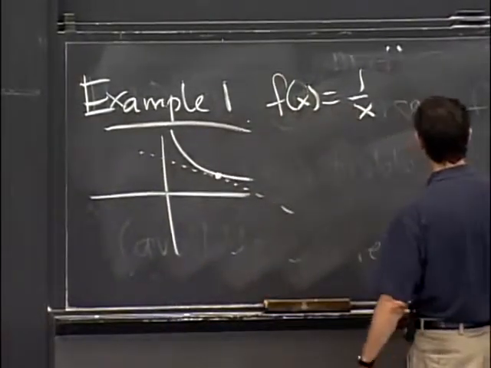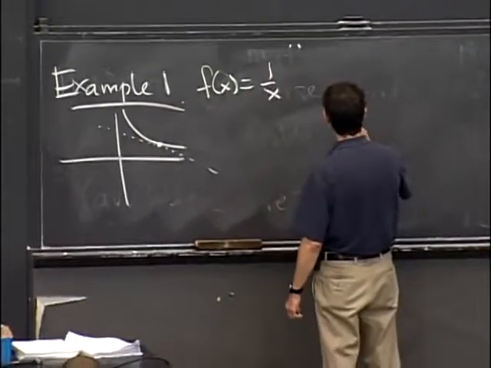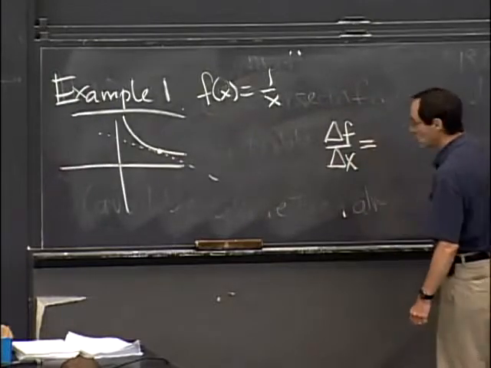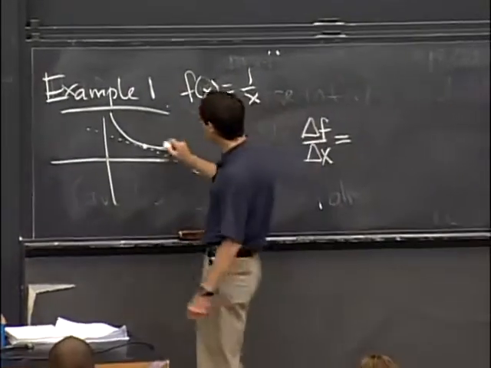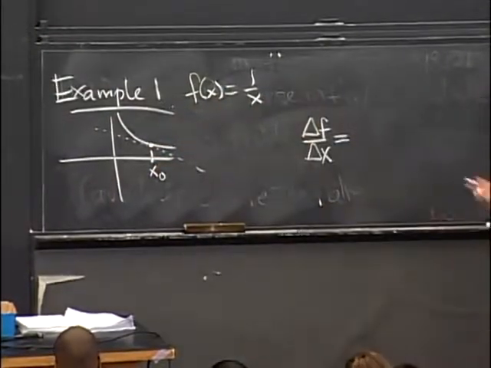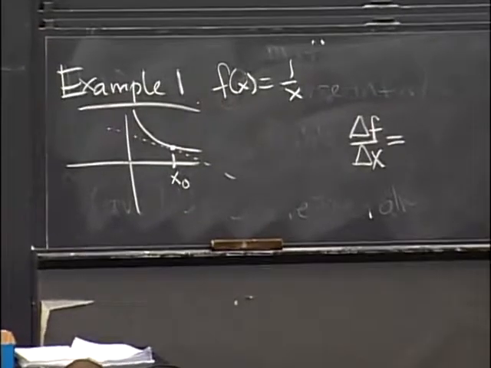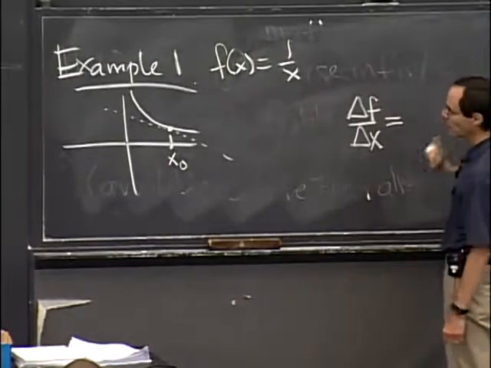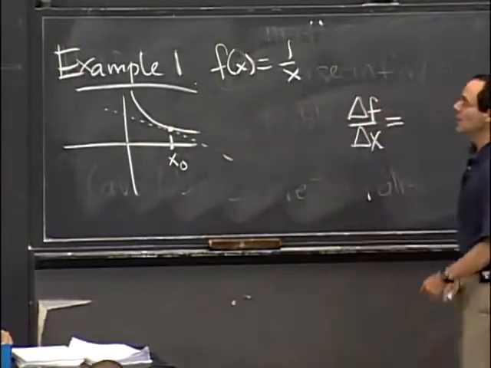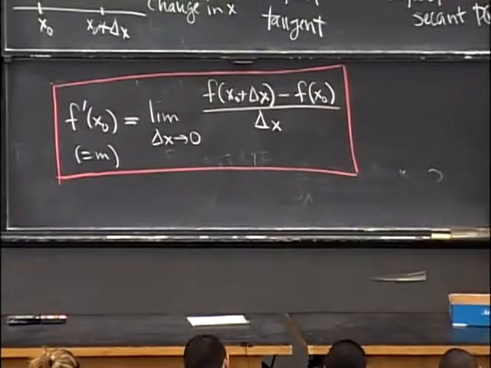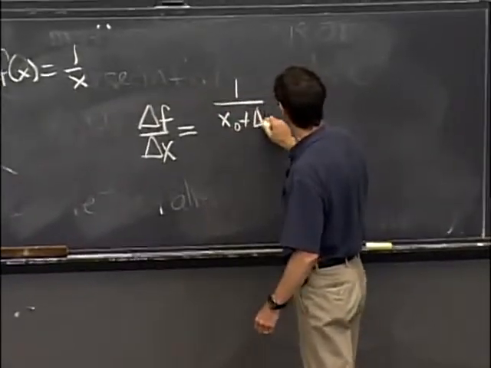So first, we consider this difference, delta f over delta x, and write out its formula. I have to have a place, so I'm going to make it, again, above this point x0, which is a general point. We'll make the general calculation. So the value of f at the top, when we move to the right by delta x, I just read off from the formula. The first thing I get here is 1 over x0 plus delta x.